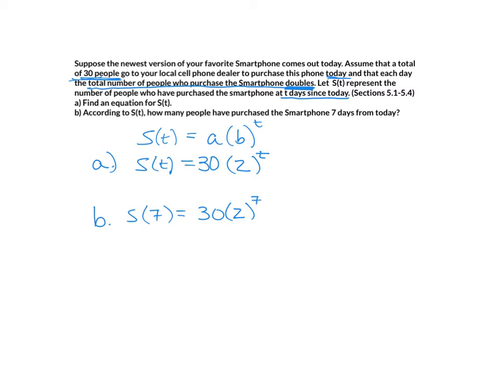From here we want to use order of operations to simplify this. I'm going to start with my exponents. 2 to the 7th is 128. And if we multiply 30 times 128, we get 3840 people have purchased the smartphone. And we're done.